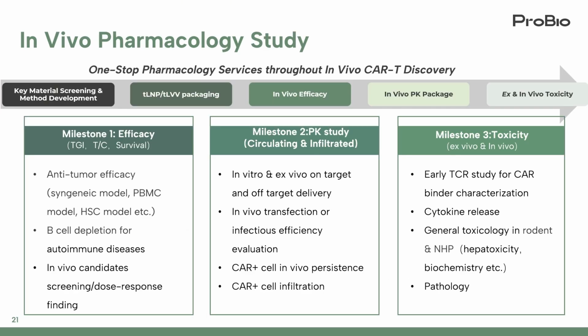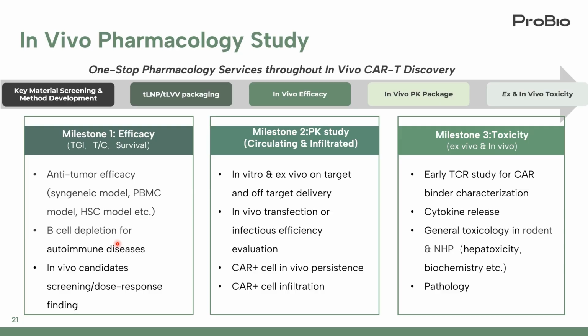Following the in vitro cell-based validation of in vivo deliveries, animal disease models are the next step. Similar to the antibody-based therapy, it also includes three panels: the efficacies, the PK, and the toxicities. For efficacies, we have established multiple models for both oncologies and autoimmune diseases.